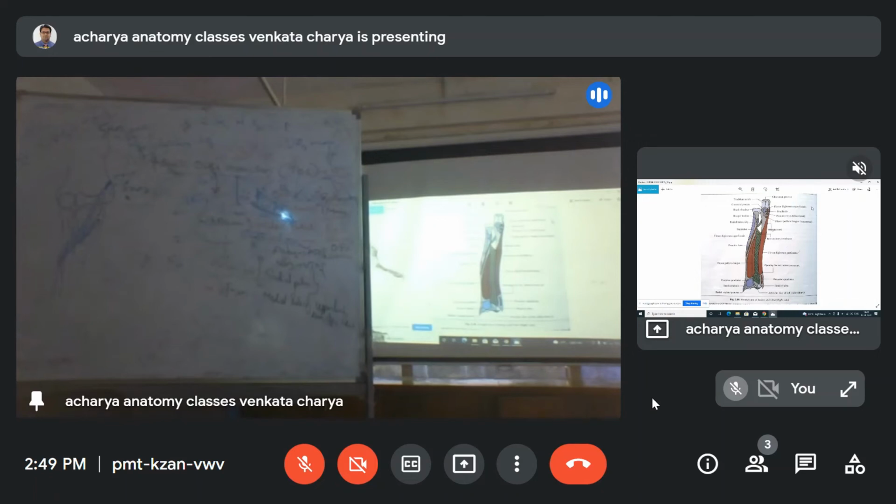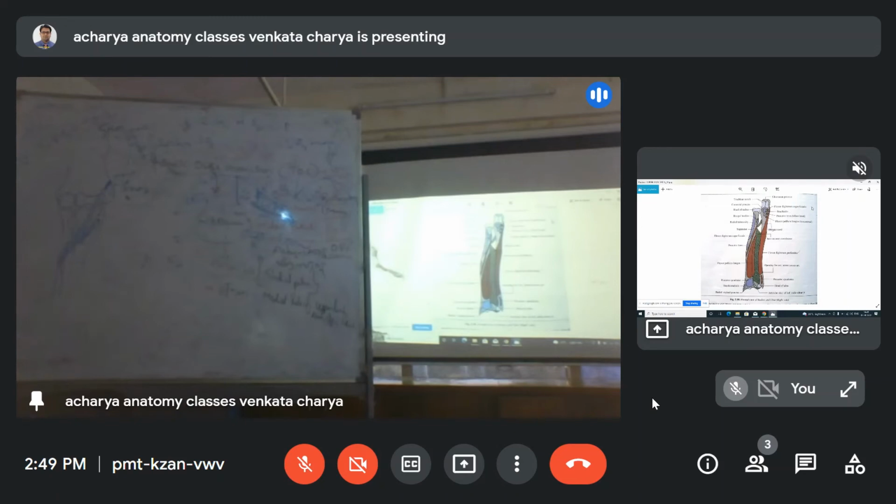Same for each: the tendon splits into two, reunites, splits again, finally inserted into the intermediate phalanx of the second.